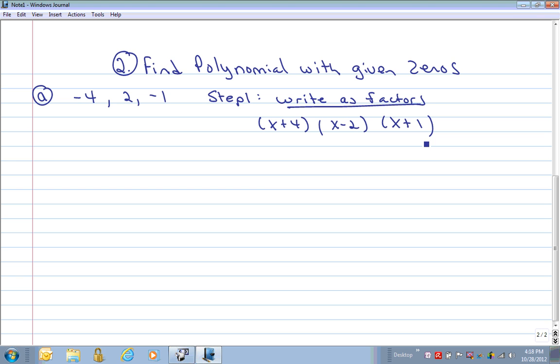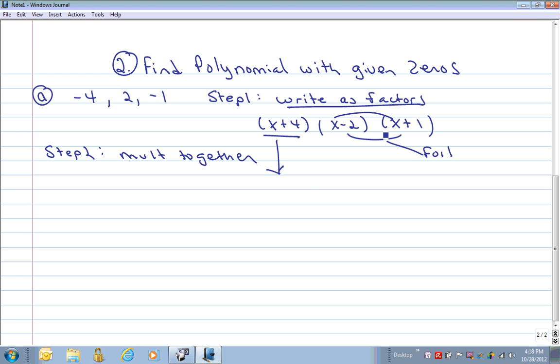So that's step 1. In step 2, we're going to multiply everything together. Okay. So let's go ahead and do that. Let's go ahead and do these two together first, and then we'll bring this one straight down in a minute. So if we take these two, we're going to actually FOIL these together.